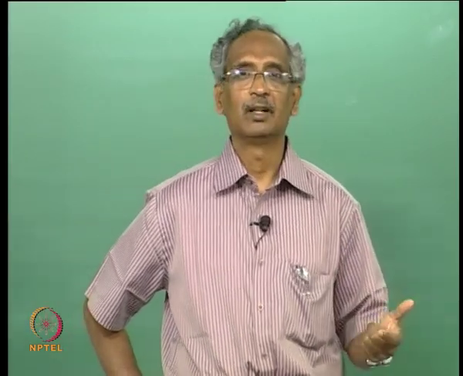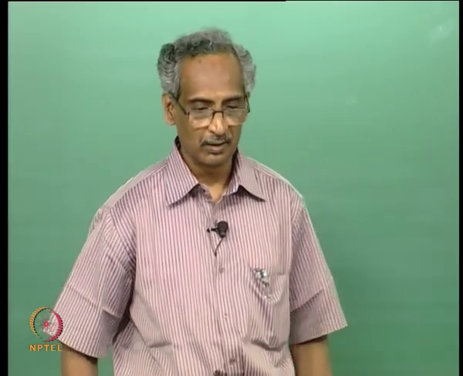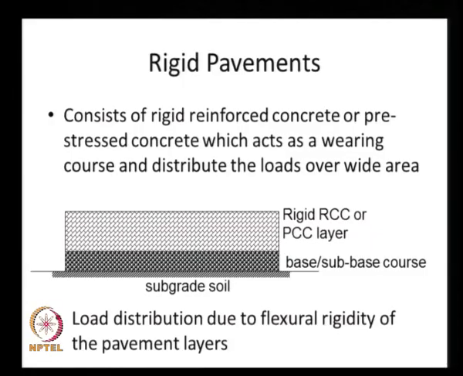We do not have an additional bitumen concrete layer, and sometimes this RCC could be pre-stressed concrete in order to take care of heavy loading, or in order to take care of extremely weak subgrade.